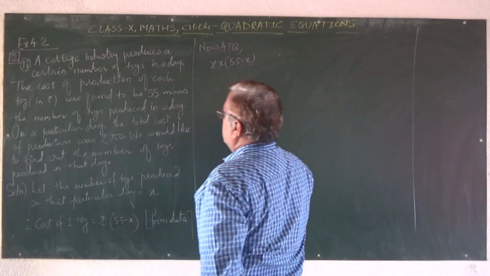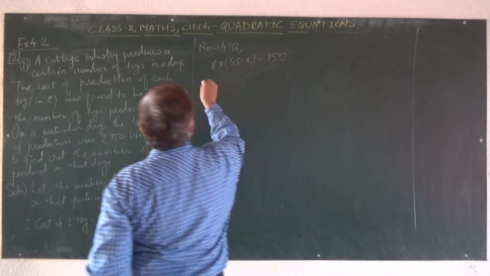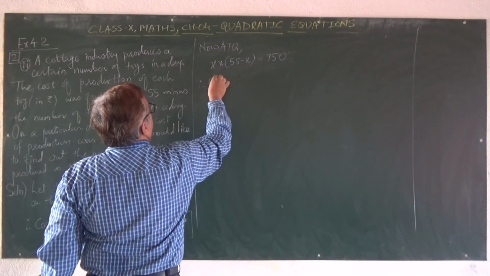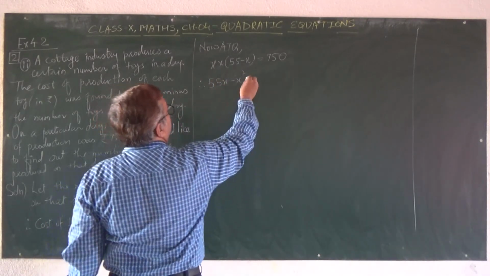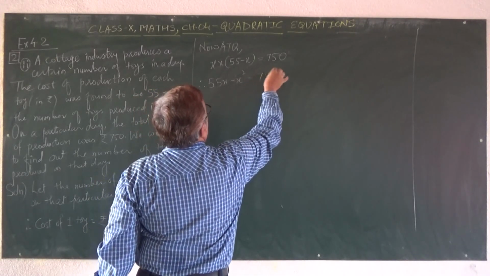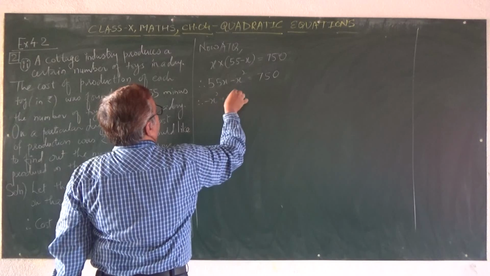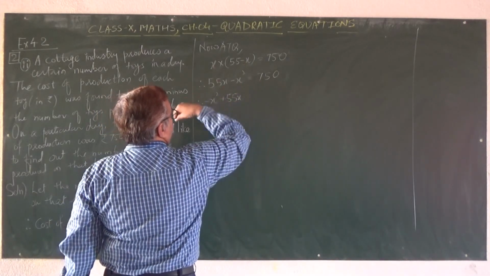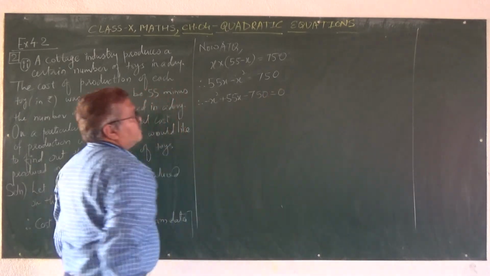Okay, and that total cost is 750. So multiply this: 55x minus x square is equal to 750. So therefore minus x square plus 55x minus 750 is equal to 0.